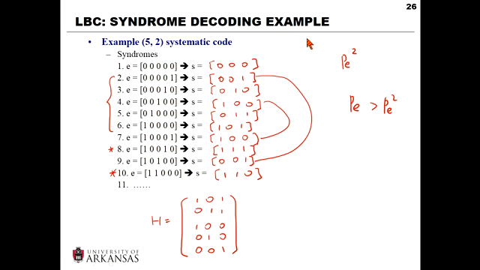For example, if our actual error vector is this one, we got a syndrome of 001, and based on our rule, we pick this error vector, which means our decision is wrong. But by choosing the least number of errors, we can minimize the error probability. Error is inevitable, but we need to design a rule that can make the error less likely.